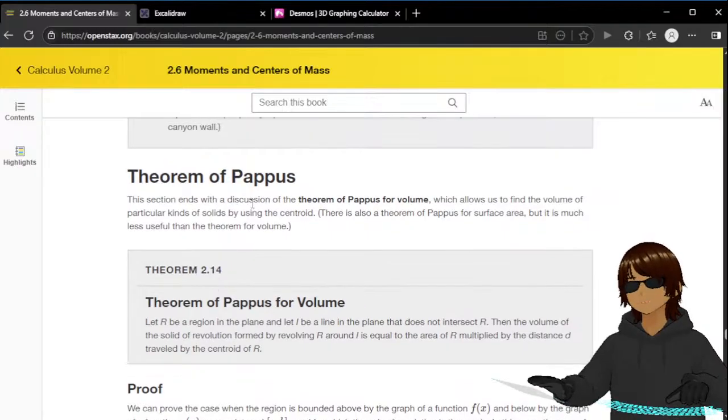This section ends with a discussion of the theorem of Pappus for volume, which allows us to find the volume of particular types of solids by using the centroid.